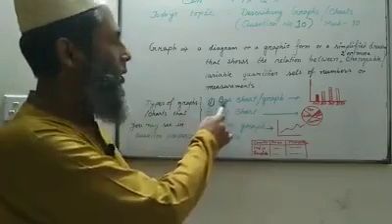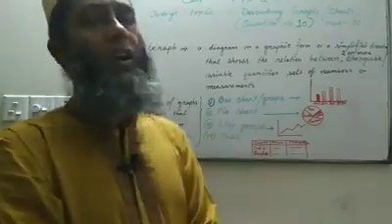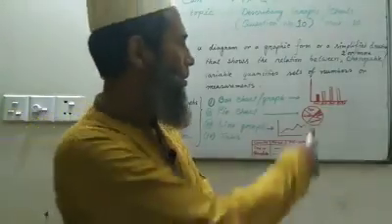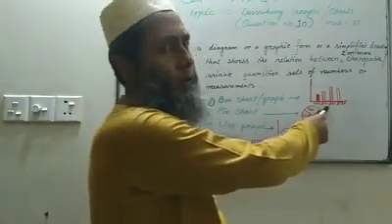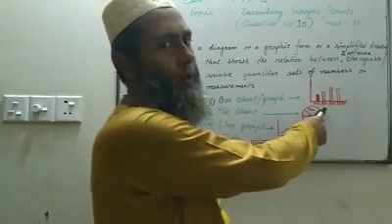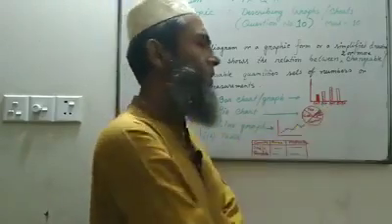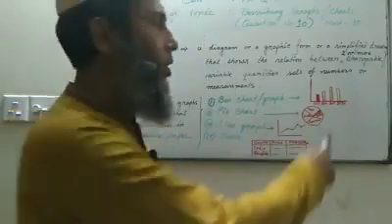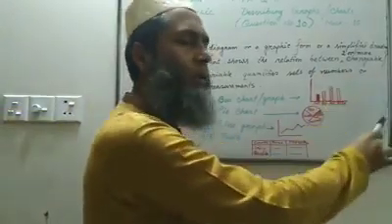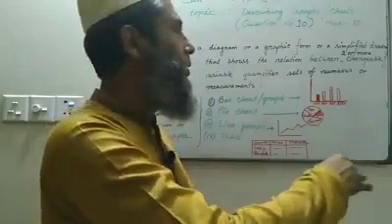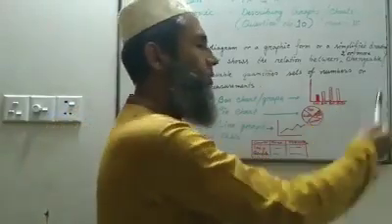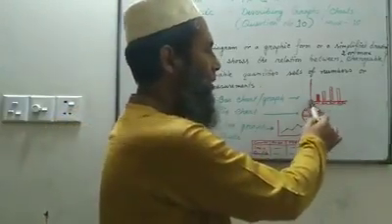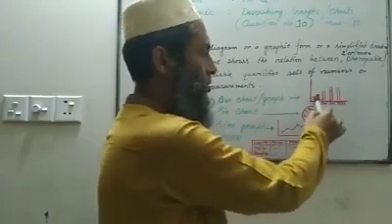Number 1, bar chart or graph chart. Just this type of chart. You may know this type of chart is bar chart, where something is described with rectangular columns.